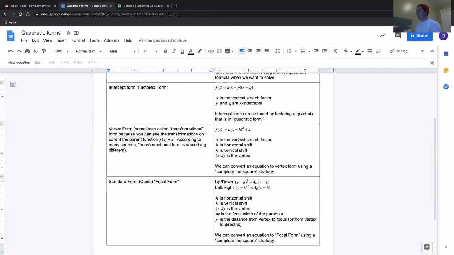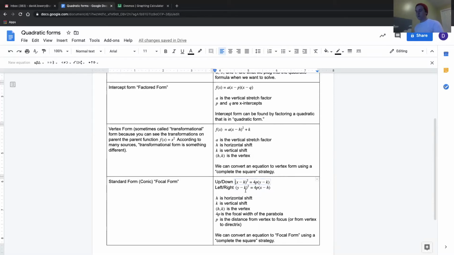In this case, though, we have parabolas that can open up sideways, left or right, which wouldn't be functions. So there's two versions of this. There's one for the up and down parabola, and there's one for the left-right parabola. If you want your parabola to open down, that's going to have a negative right there. If you want your parabola to open left, you're just going to have a negative there. So that's kind of how that works.